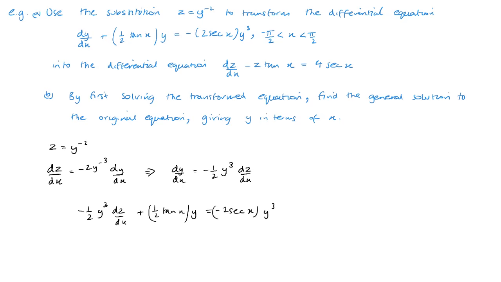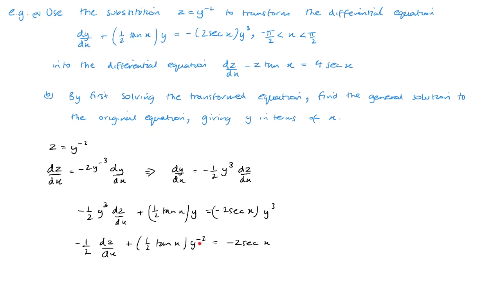Now, if I divide by y cubed, then on the left side, this y is going to become y to the minus 2, and this y will become 1. So it gives me minus a half dz by dx plus a half tan x y to the minus 2 equals minus 2 sec x.